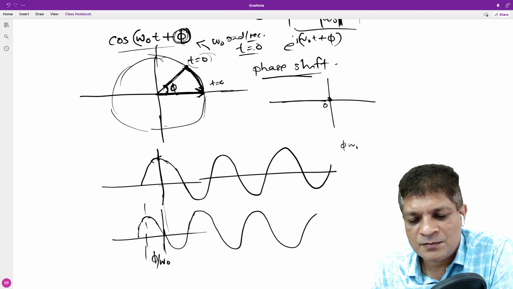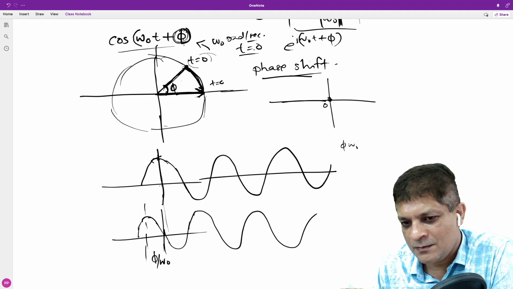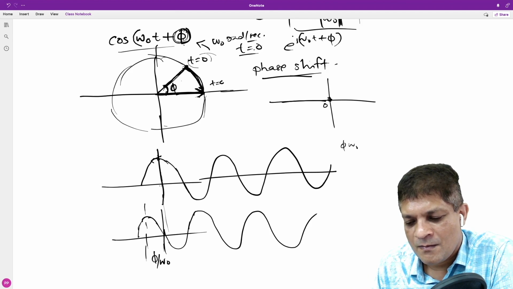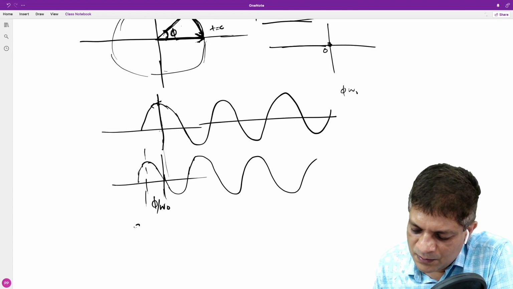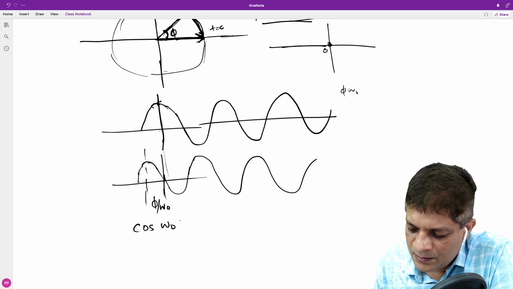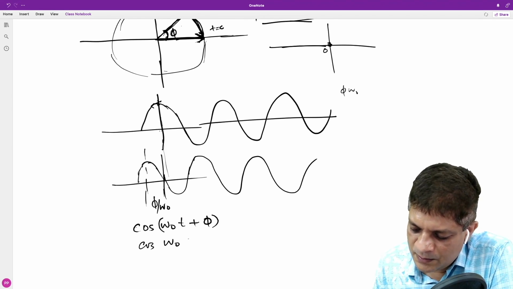That is time shift. So can we say that the phase shift is effectively a time shift in this case? Yes, sir. And we can derive it here also. Cos omega naught t plus phi, we can write this as cos omega naught into t plus phi by omega naught.